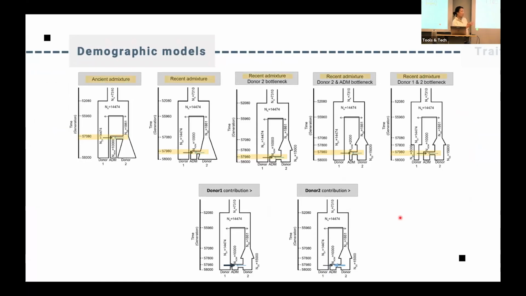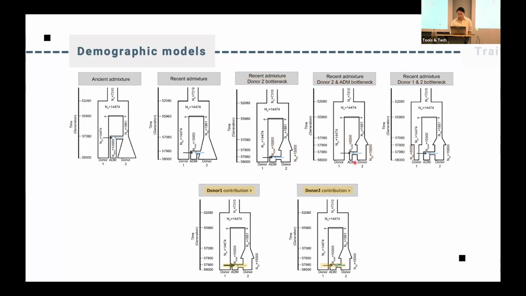So did the admixture happen in distant time, or was it relatively more recent? We also explored different population histories. So did the population just keep expanding until present day? Or was there some sort of bottleneck that the population went through after they expanded? Or was there some sort of founder effect in the admixed population?